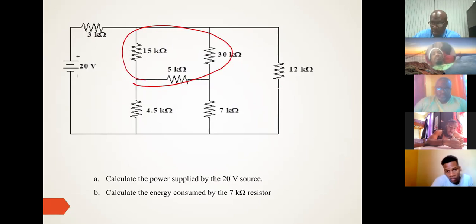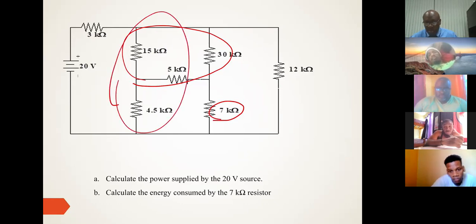Of course, the question asks you to specifically find something related to the 7K, so you wouldn't have involved the 7K. You can convert that delta, or you can convert this star. Do more than one conversion, and both should give you the same answers. That's how you're going to get the practice done. Let me remove the markings on this.